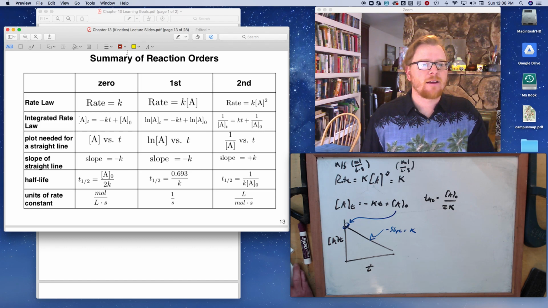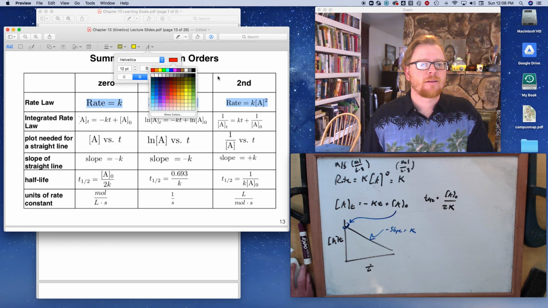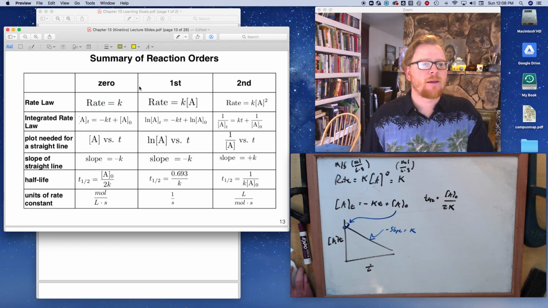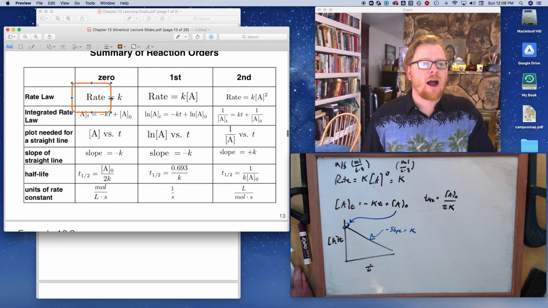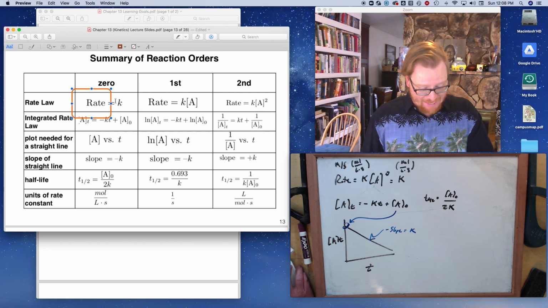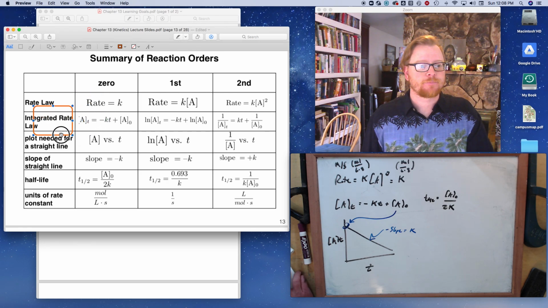Well, I thought I could highlight it. Maybe. Okay, so let's do it like this. I'll just draw a box around it, with no fill. Oh, beautiful. Here we go. Okay, so now I'm going to highlight everything that I'm going to give you for the exam.